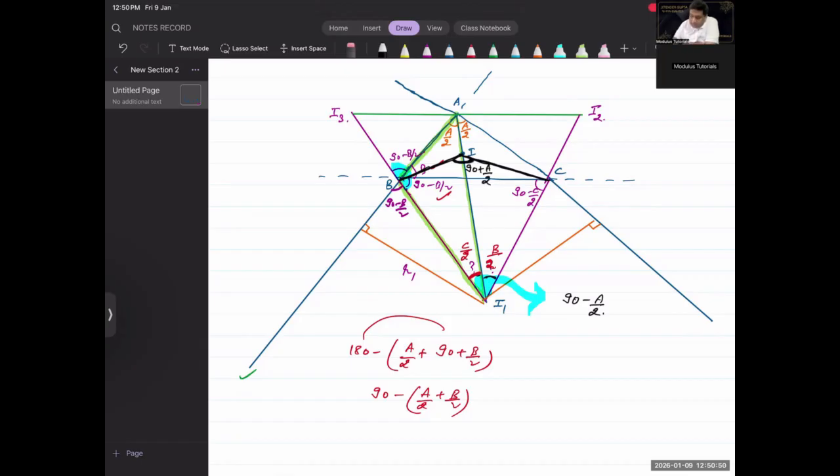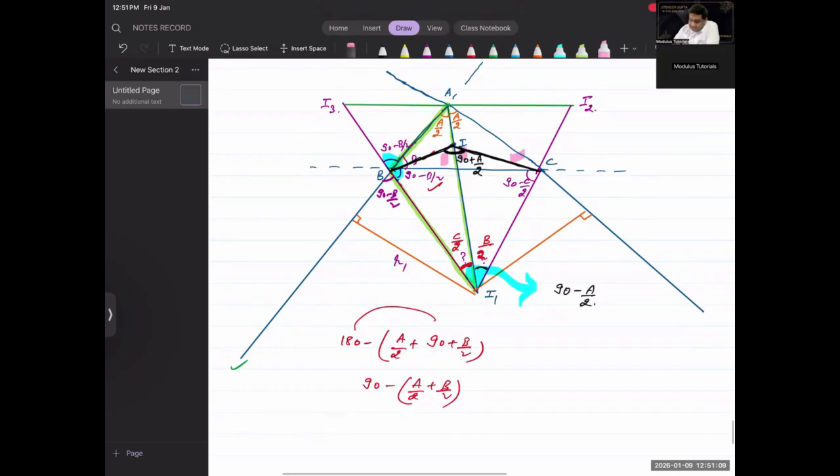You can establish it without going to that video also. You can easily find this by external angle property of the triangle, like A by 2 plus B by 2. And similarly, this part will be A by 2 plus C by 2. So from there, it's easy to say this is 90 plus A by 2. So guys, if this is 90 plus A by 2, this is 90 minus A by 2. It is very clear from here, guys.